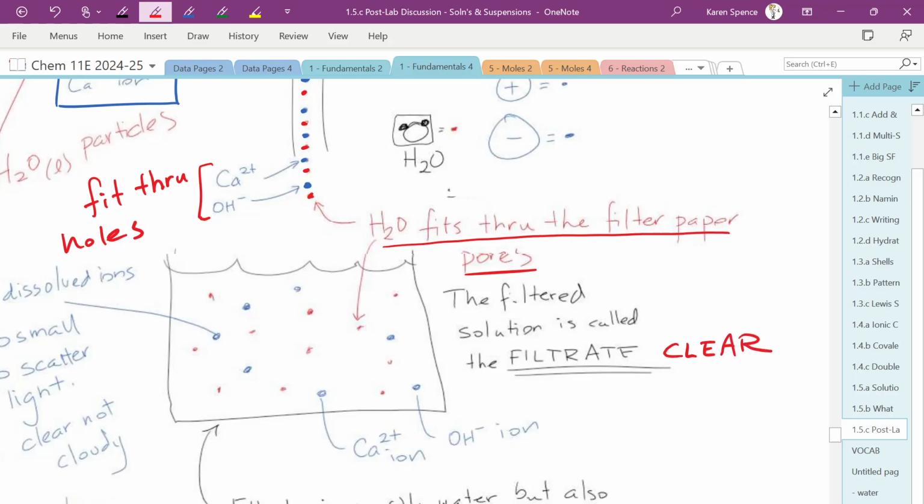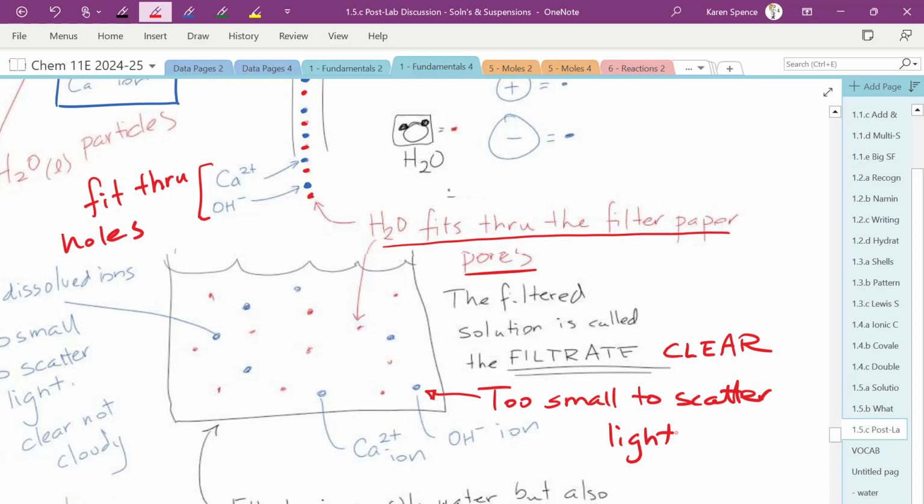And it is clear. See if you can tell your partner why it is clear now. The particles are too small to scatter light.